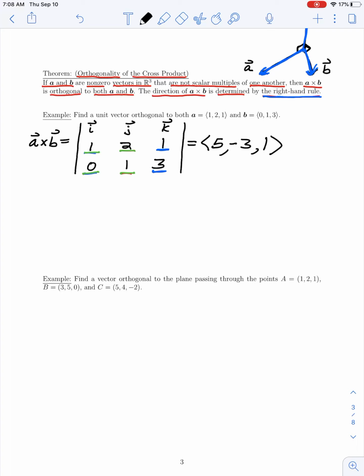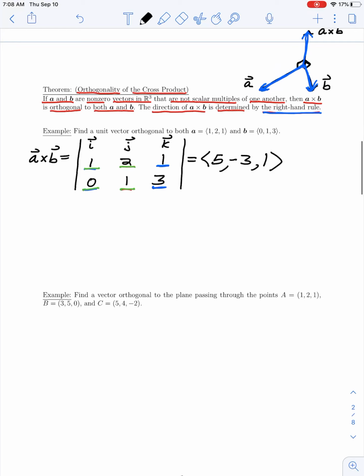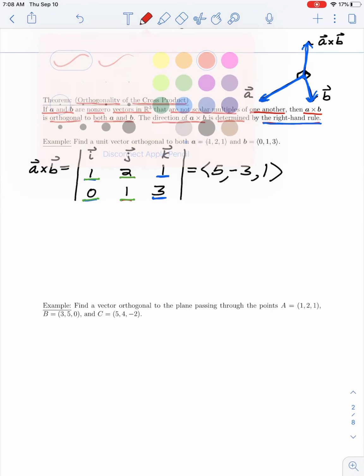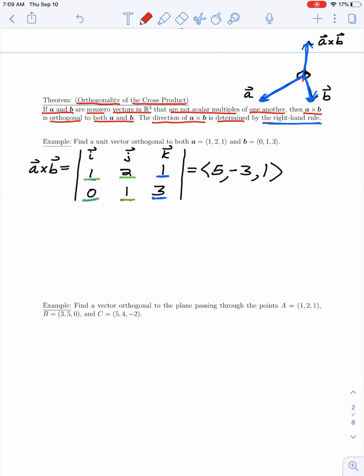So this vector, a cross b, we know is orthogonal to both a and b. Now you could also take b cross a here. If we just reverse the order of the cross product, if we took b cross a, we would get the negative of a cross b. So here we would have the vector of the same length, just pointing in the opposite direction.